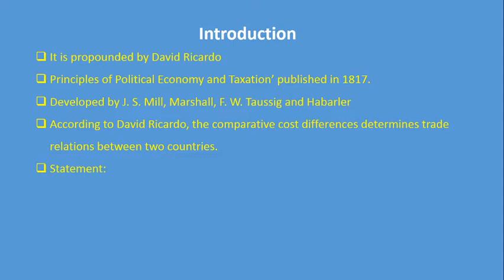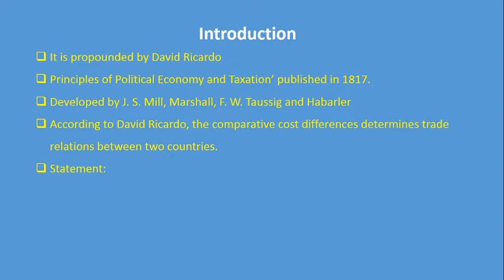In this way, each country specializes in the production of the commodity in which its comparative cost of production is least. Therefore, when a country enters into trade with some other country, it will export those commodities in which its comparative production costs are less and will import those commodities in which its comparative production costs are high.